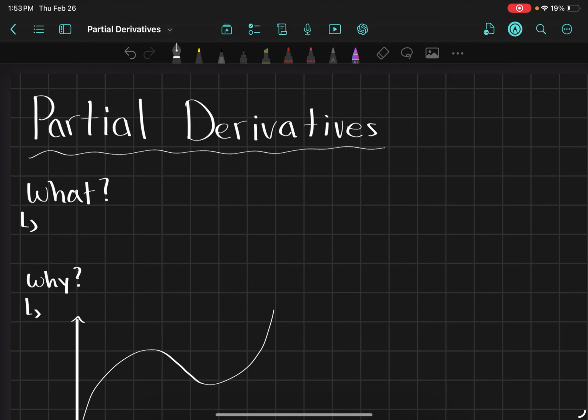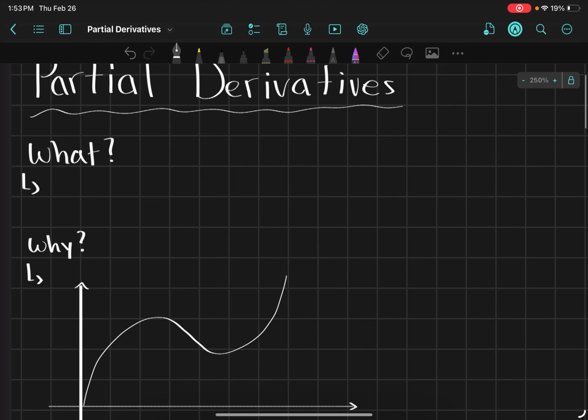In Calculus 1 and 2, the derivative calculates the instantaneous rate of change for a single variable function, while a partial derivative measures the rate of change of a multivariable function, which essentially is a fancy way of saying we're holding the x or the y or the z constant within a function, and then we are taking the derivative in one variable.